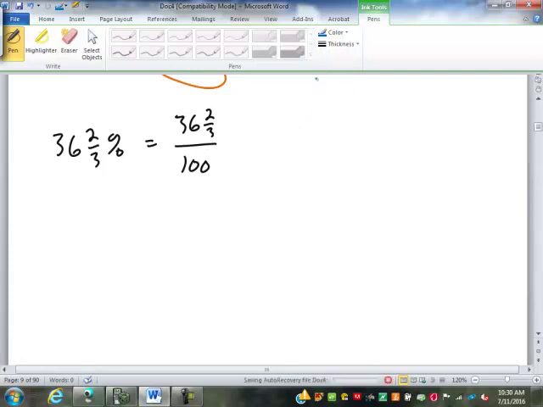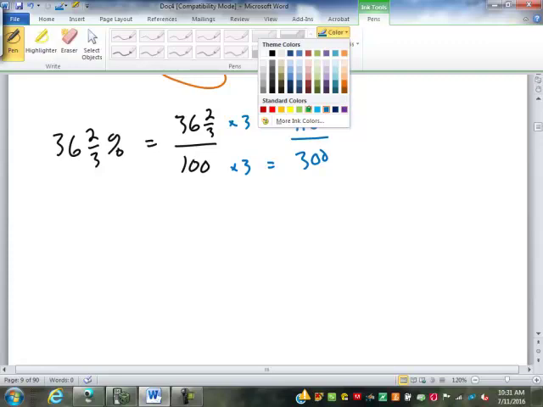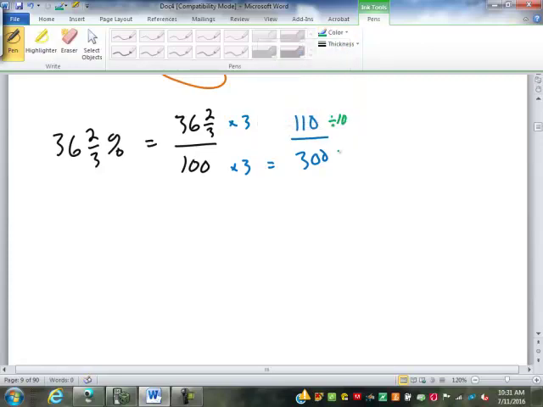What did you do with it from there? You multiplied by 3? Okay. So of course 100 times 3 is 300. 36 2/3 times 3 is 110. So that reduces, both of those can be divided by 10 to 11/30ths. Good. How many of you got 11/30ths?